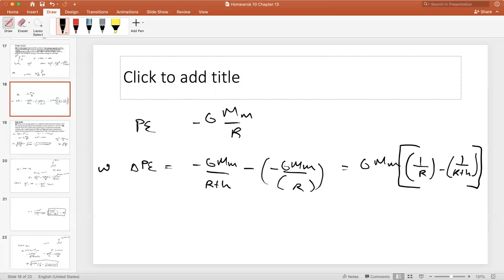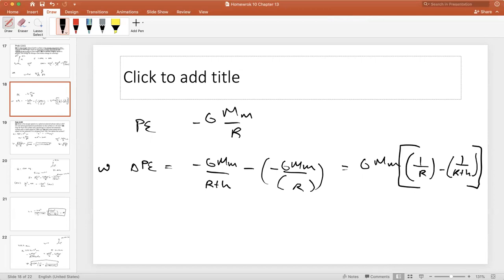But, and this is where things get weird, okay? So the change in potential energy from final to initial, we have to actually do that as negative work. Now, why? What does that even mean?